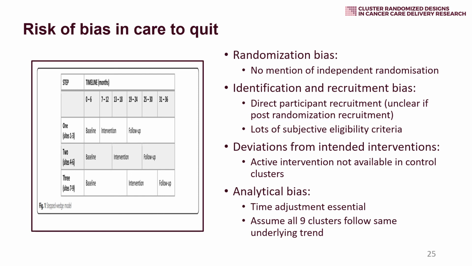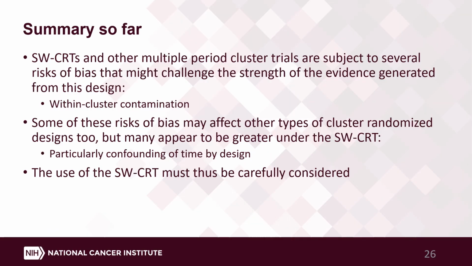Were there any deviations from the intended intervention? Well, the active intervention was not available in the control clusters, so probably no. Was there any potential for analytical bias? Well, time adjustment will be essential, but it will assume that all 9 clusters follow the same underlying trend. And whether that's a tenable assumption or not, we won't know.